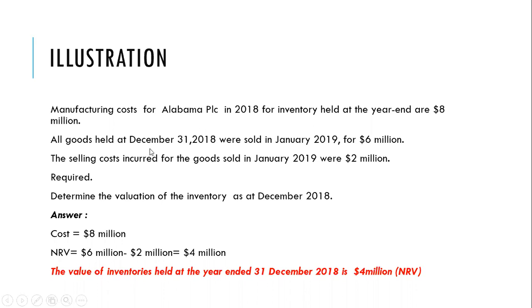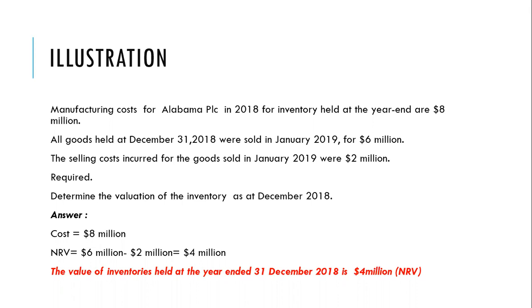All goods held at December 31, 2018 were sold in January 2019 for $6 million. All right, so you can see actually the cost was $8 million as at December, but when they were selling them in January, they were selling them for $6 million, which actually means there has been a drop.